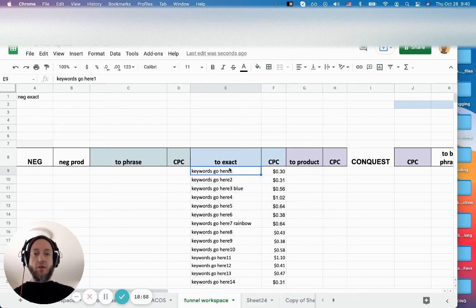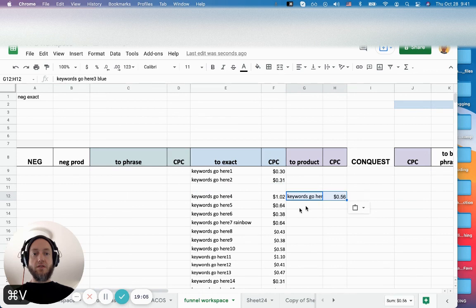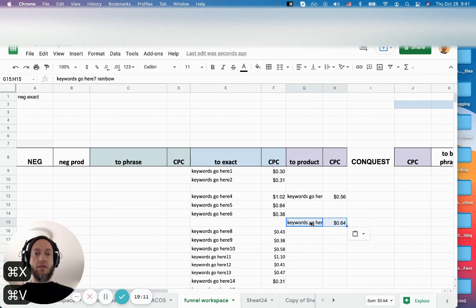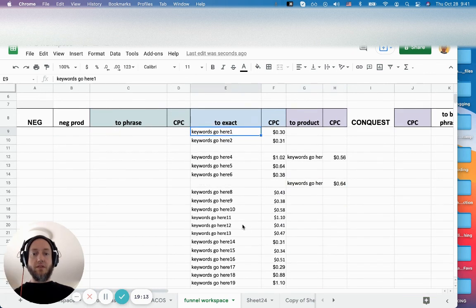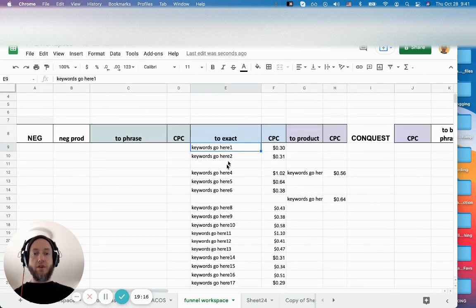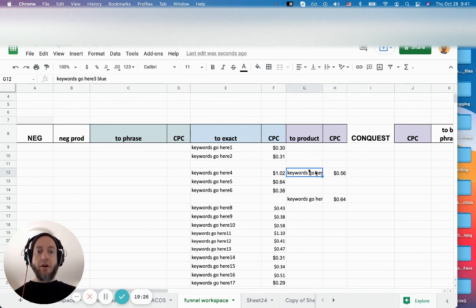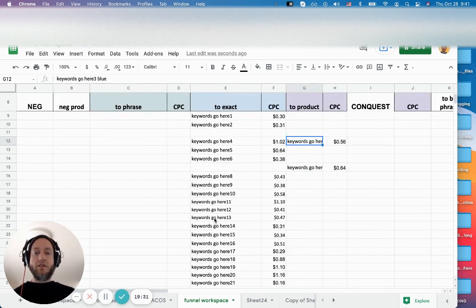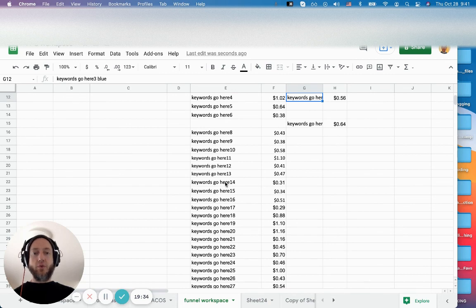So the blue one goes here, and the rainbow one goes here, and then I put all of these into whatever my generic variation would be. So this would all go into the black and white variation. And then I'll take these and put them into the variation that corresponds best. So you want to look through and find the ones that don't really work or that are too random.